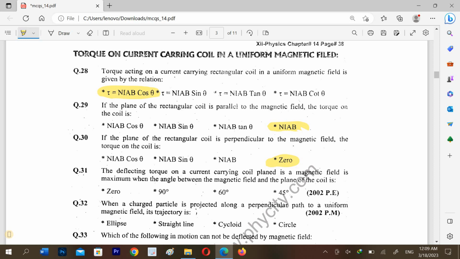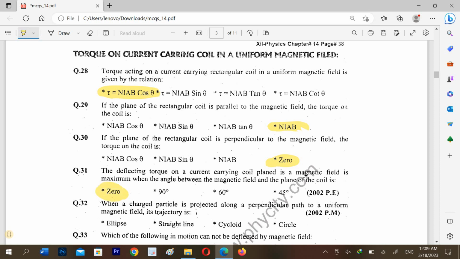The deflecting torque on a current carrying coil placed in a magnetic field is maximum when the angle between the magnetic field and the plane of the coil is 0.